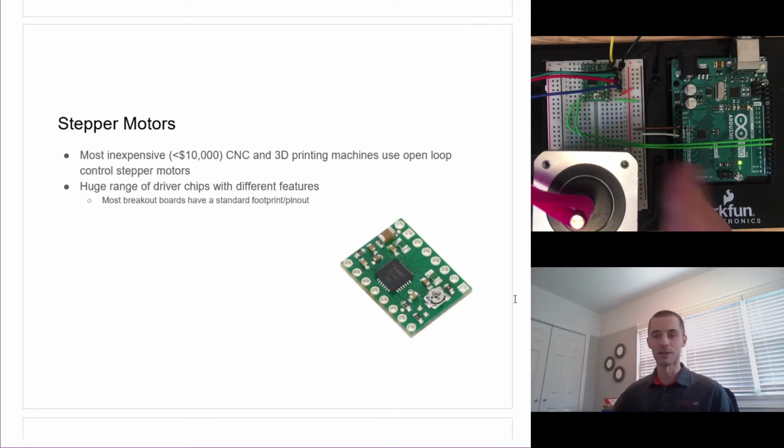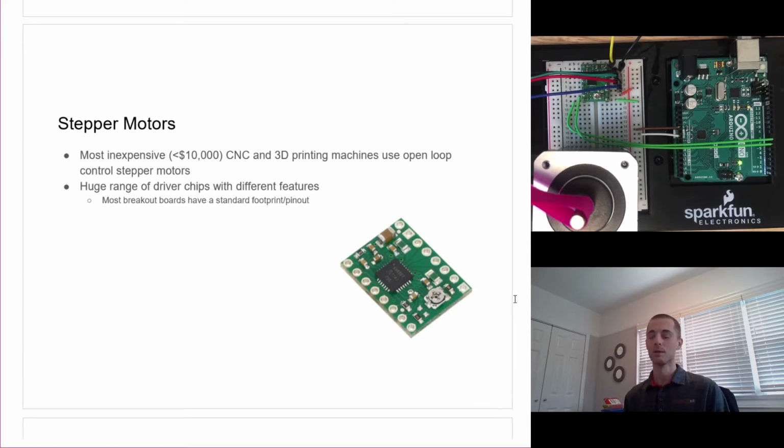The cheap ones, the one I've got in the video here, and also some of the other ones are usually 1.8 degrees per step, or that's the most common type for this particular size of motor. There's also a 0.9 degree step motor. Usually those are a little more expensive. You get higher level of precision, different motor characteristics, different amounts of torque out of either one of those.